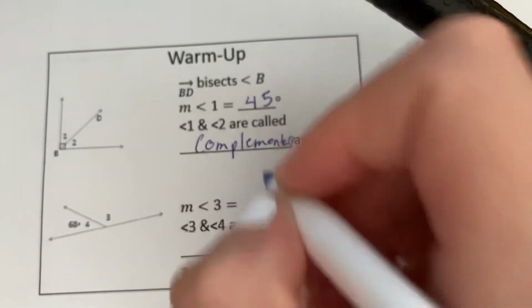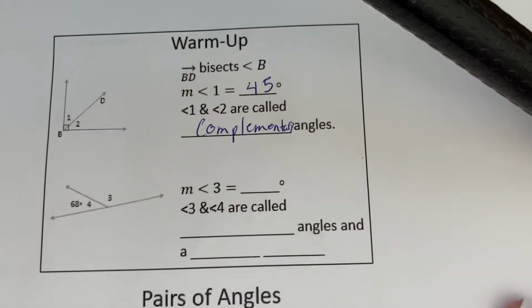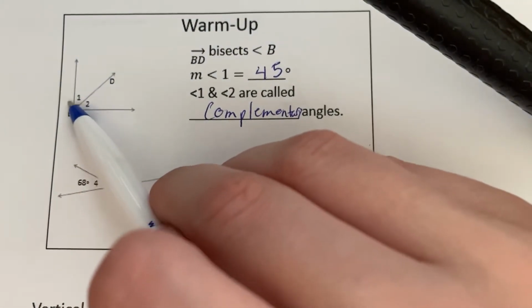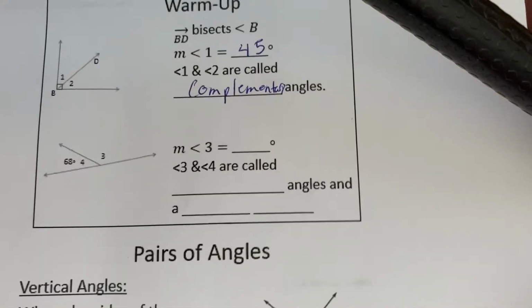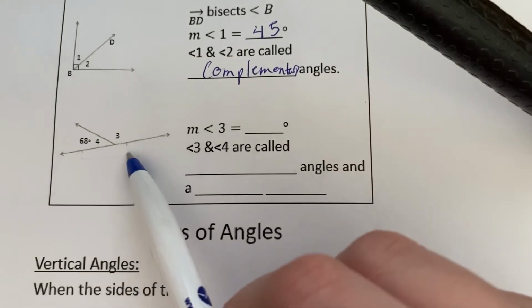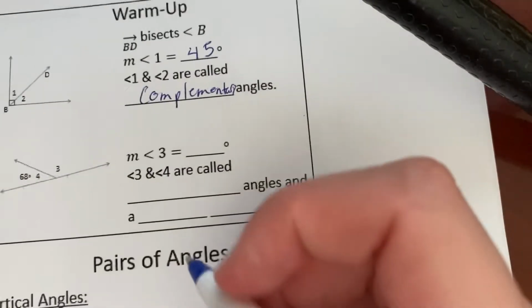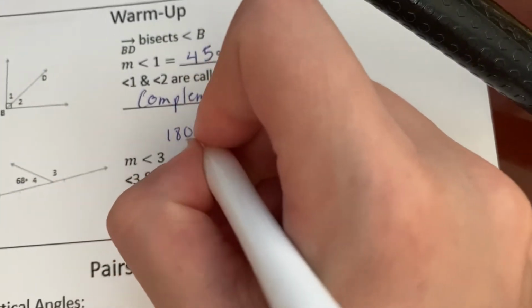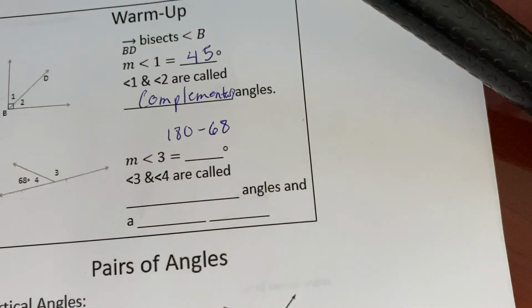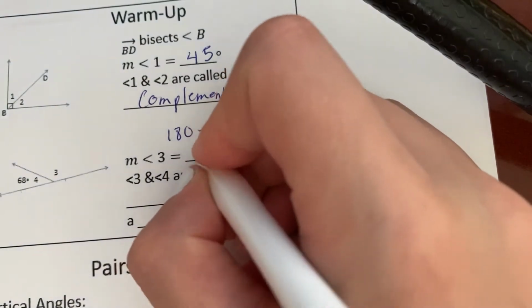So hopefully I spelled that right. Complementary angles are angles that make up 90 degrees. And we knew that from this little box right here. Okay, measure of angle 3. All right, we know this is a straight line, so it can be 180 minus 68, which equals 112.